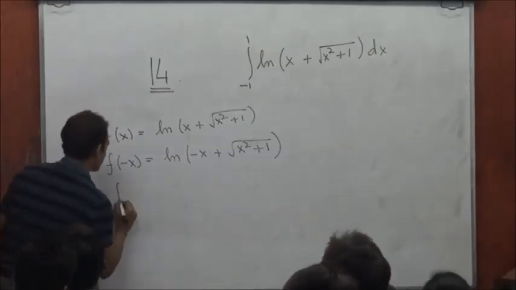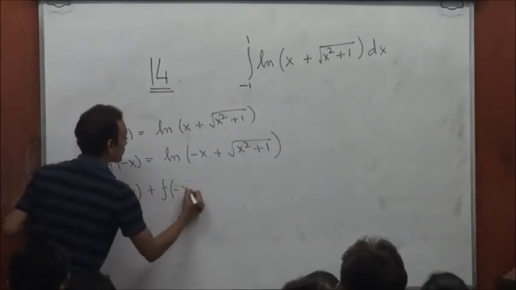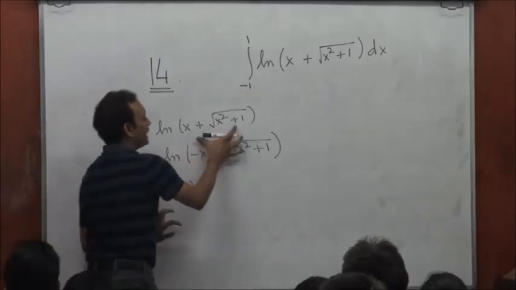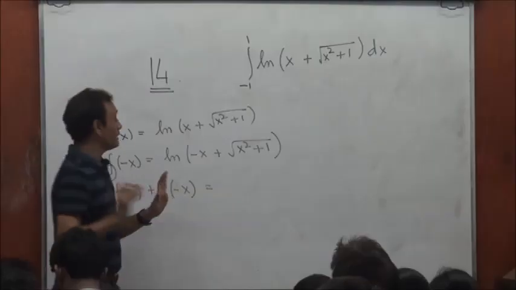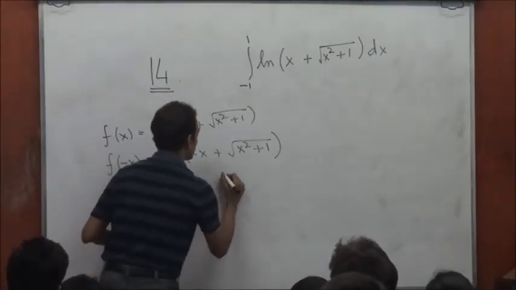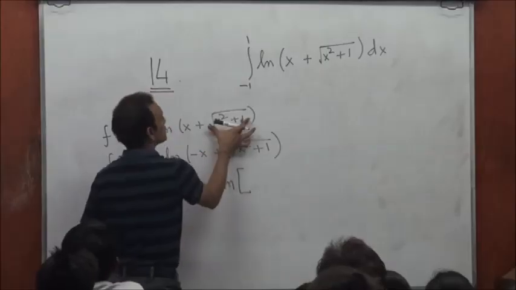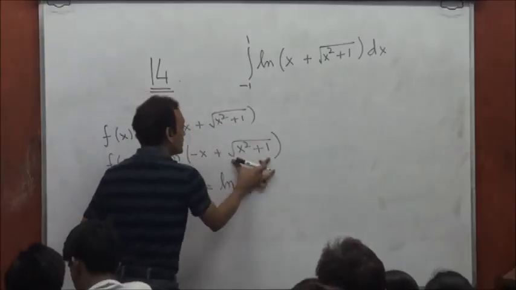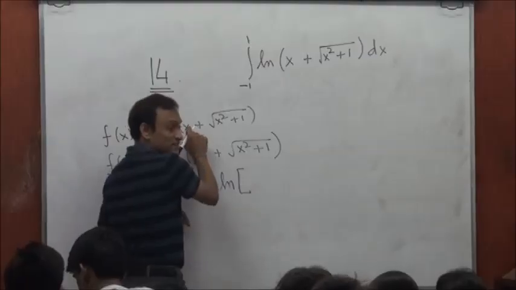Let me add the two, fx plus f minus x. ln a plus ln b is going to be ln ab, so it's going to be ln of this plus this into this plus this minus this, which would be x square plus 1 minus x square.